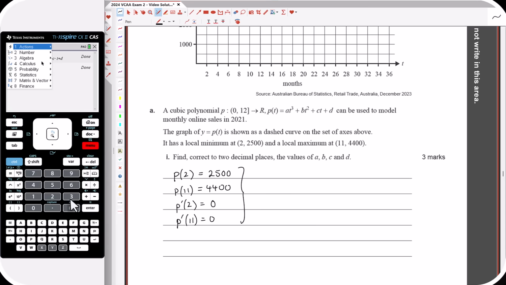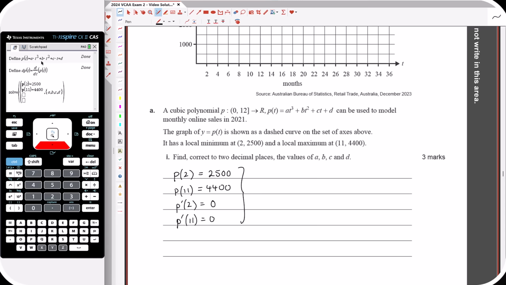Okay, and now we can solve, so we've got simultaneous equations, menu 3-7-1. We have 4 equations, 4 unknowns, which will be a, b, c, and d. First equation, p of 2 equals 2,500. p of 11 equals 4,400.